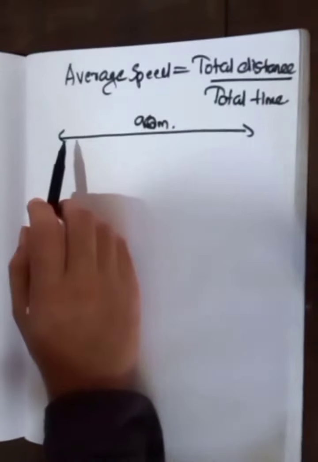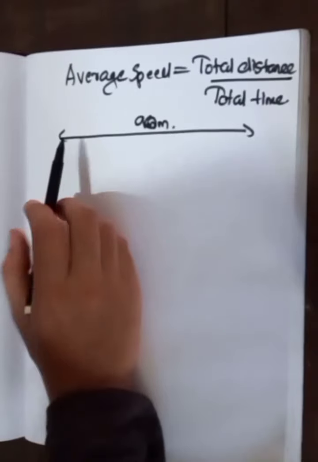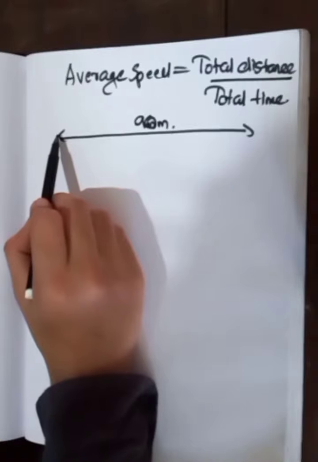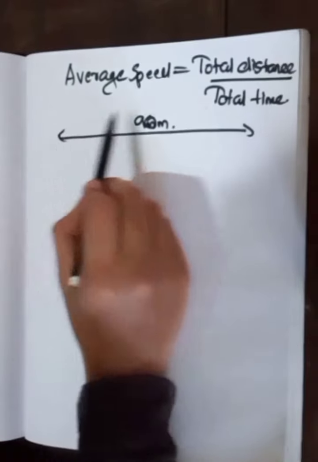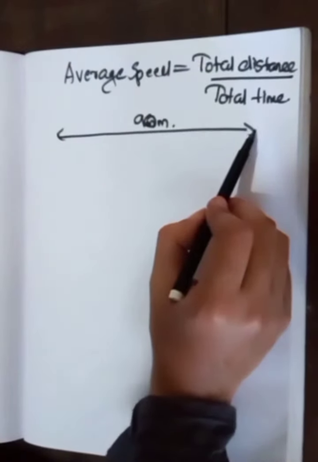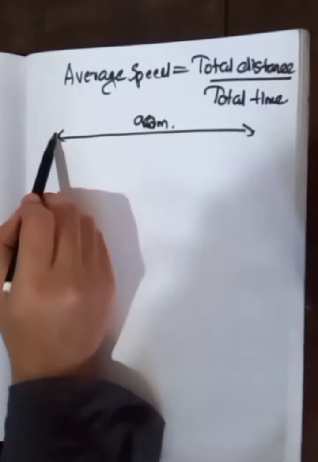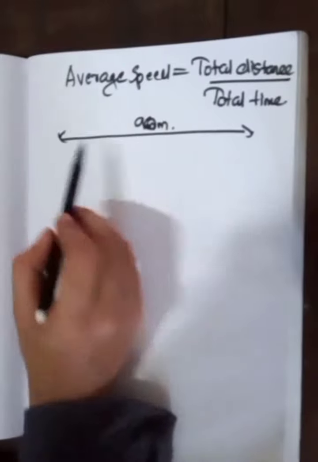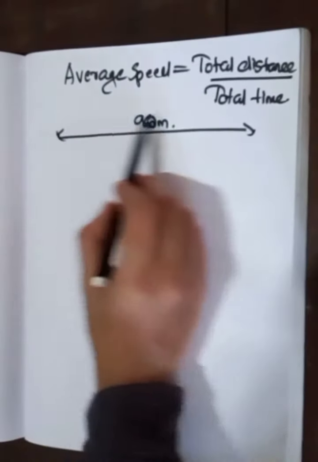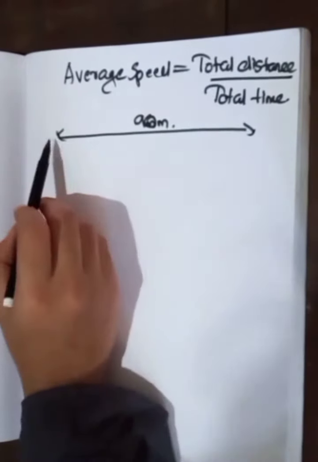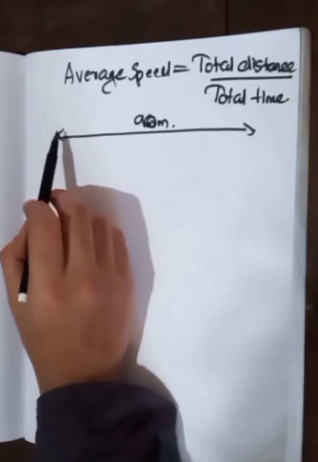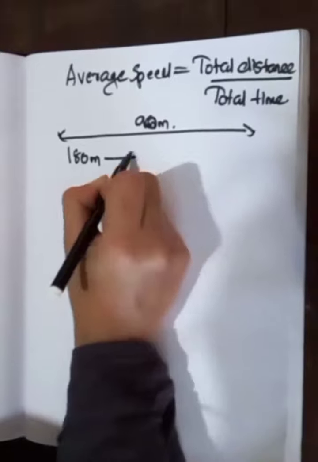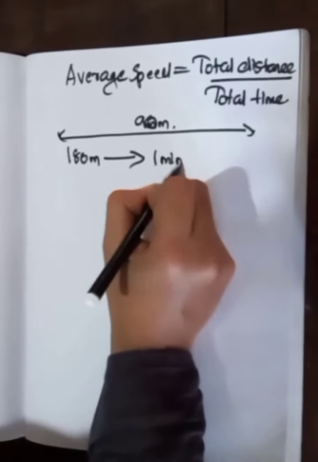She covers 180 meters means she starts from here and covers 90 meters, then again 90 meters and reaches here, that is 180 meters. She covers one round here. She starts from here and ends here.